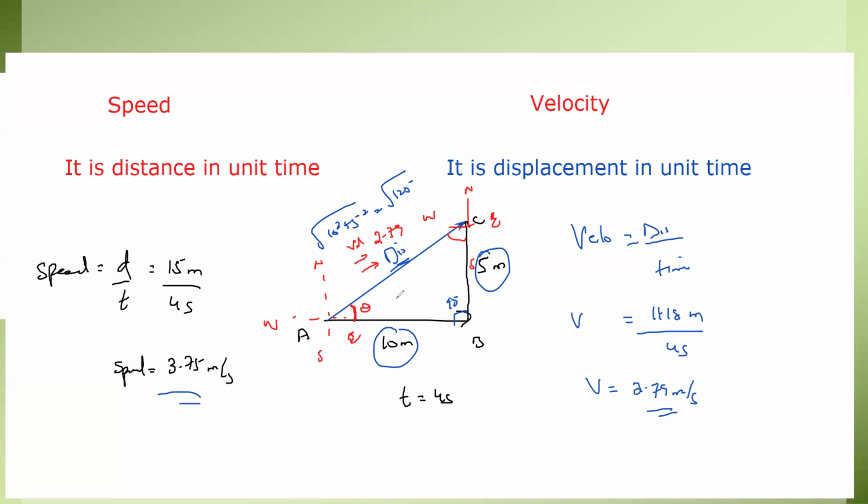Even though this figure is representing a displacement, with 10 meters here and 5 meters here, because the direction of the displacement and the velocity is the same, what I'm actually working out is the direction of the displacement, and that will be the same as the direction of the velocity.